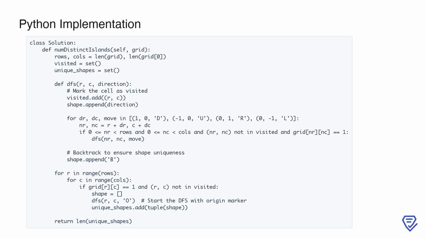Finally, the function returns the size of the unique_shapes set, representing the number of distinct islands. This solution is efficient due to its use of DFS for traversal and the set data structure for storing unique shapes. It handles edge cases, such as grids with no islands or entirely filled with land, correctly. The algorithm operates in O(rows * cols) time complexity, as each cell is visited once.